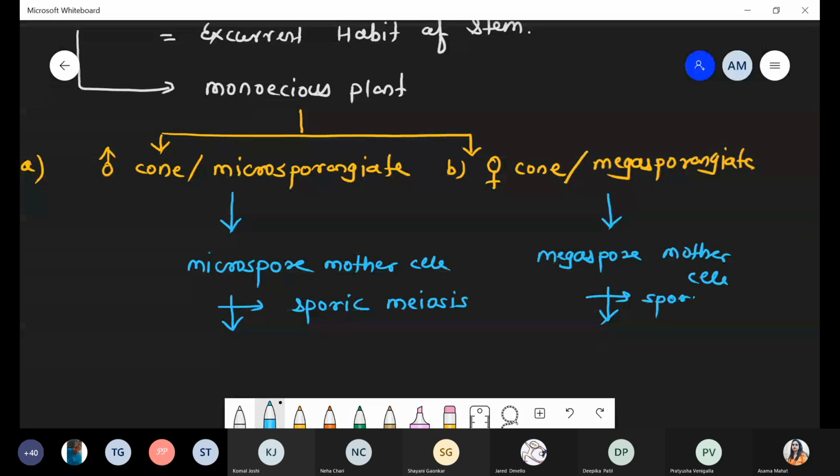Here also there is a presence of sporic meiosis.